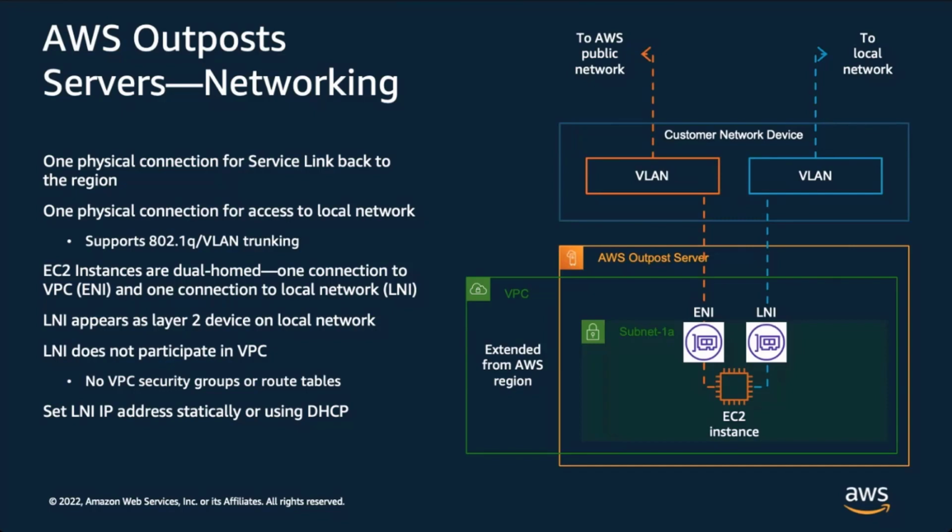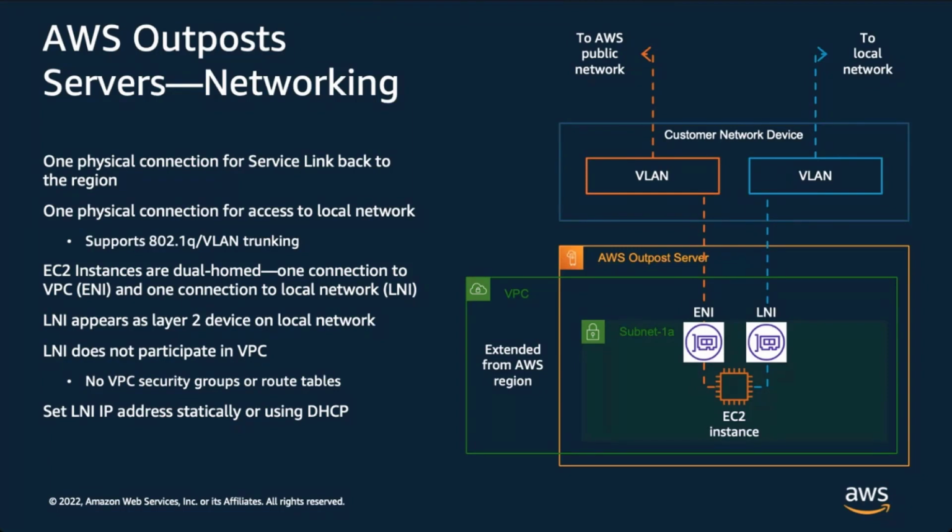From a physical perspective, there are 2 10 gig connections. One connection is dedicated to the service link, which is the traffic going back to the region. And then we have one connection dedicated to the local network, and that's basically what the LNI will go over.